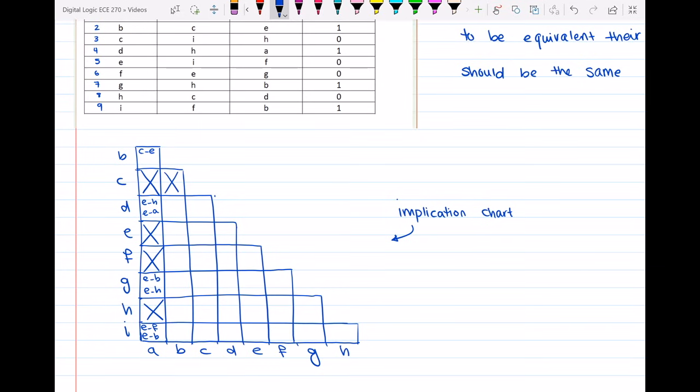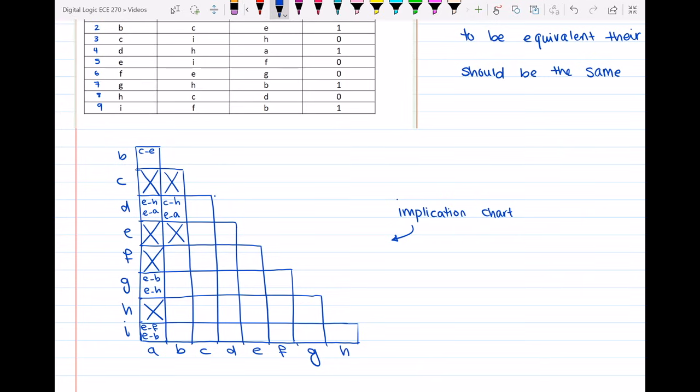Row 2 and 4 can be compared because they both have output equal to 1. So if C is equivalent to H and E is equivalent to A, we can say that these two states are equivalent. Then if we go to row 2 and row 5, so I'm comparing B and E, you see that they have different outputs. So it is not possible.